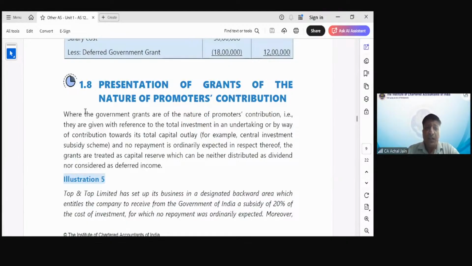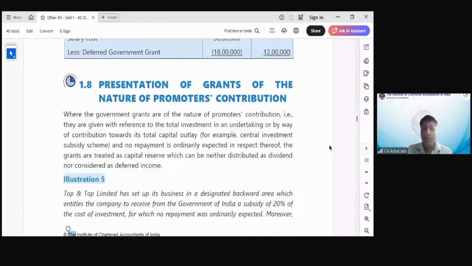So it says where the government grants are in the nature of promoter's contribution, they are given with reference to total investment in an undertaking or by way of contribution towards its total capital outlay. For example, Central Investment Subsidy Scheme, and no repayment is ordinarily expected.